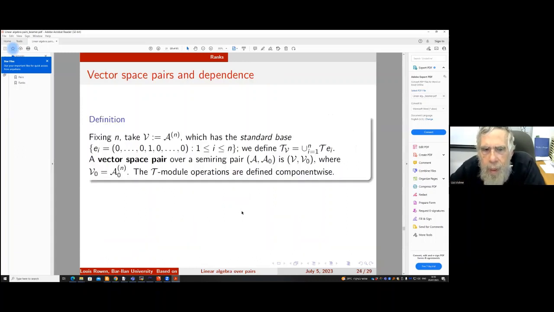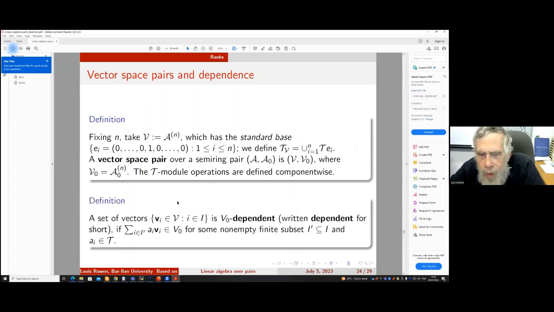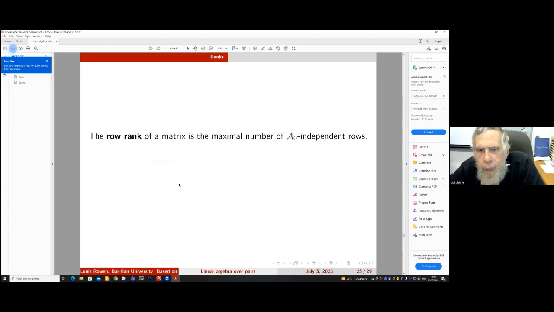On the other hand, you can define vector spaces in the obvious way, with the operations component-wise. And we'll say that we have dependent vectors if and only if some linear combination sums to a vector in the null part, A naught to the N. The row rank is the maximum number of independent rows.